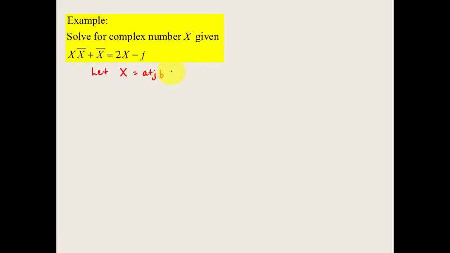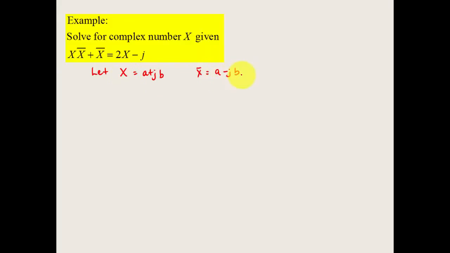If x is a plus jb, then what will x conjugate be? That's right, x conjugate will be a minus jb, because we will keep the real part unchanged, but change the sign of the imaginary part.